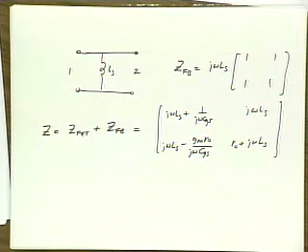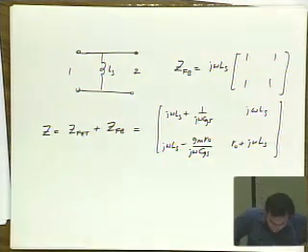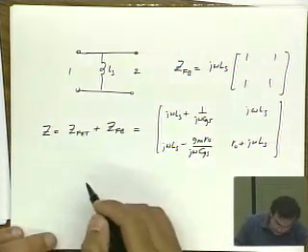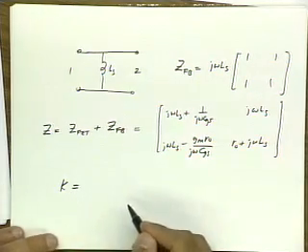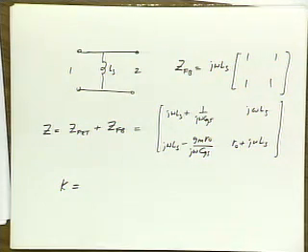And one thing that I claimed, I haven't proven this, but you can take to be true, is that all the equations we derived up to here for Z, for gain, for stability factor, input impedance, output impedance, they all are the same no matter what parameters you're using. So in particular, if we take the definition of K and we plug in, see if I have the K written down here.